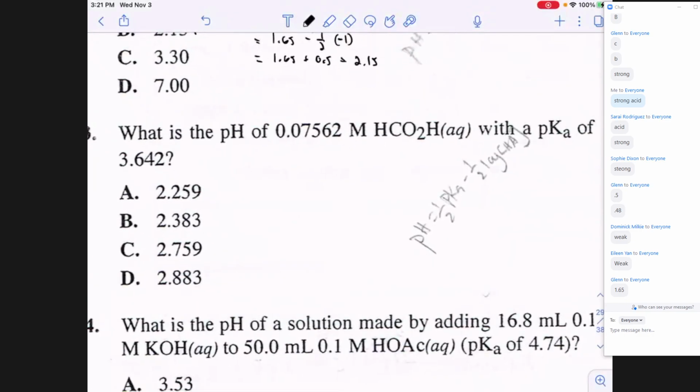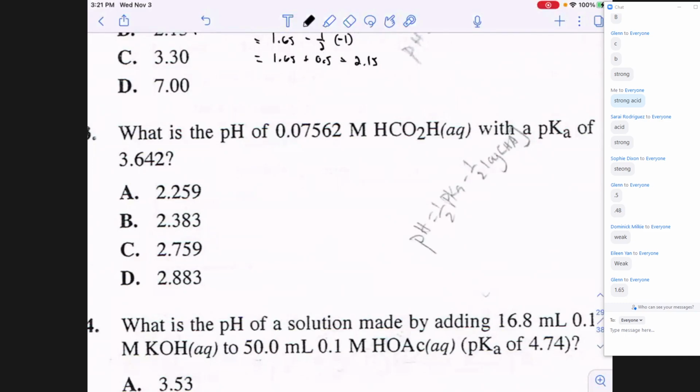So now I'm trying to find the pH of something that has a concentration of 0.07562 with a pKa of 3.642. So we know pKa is between 0 and 14.